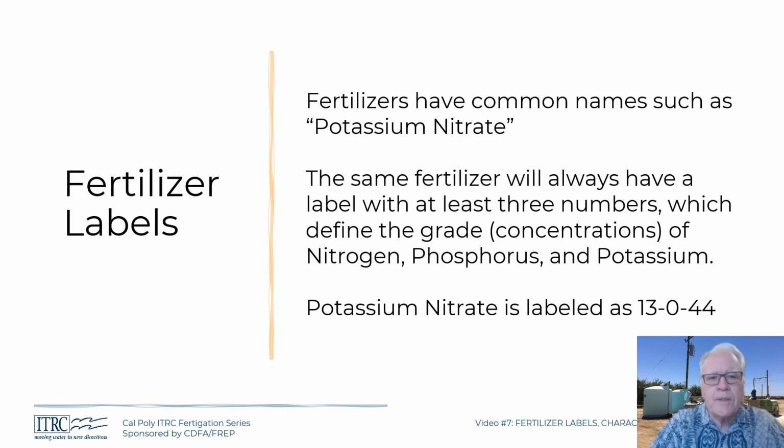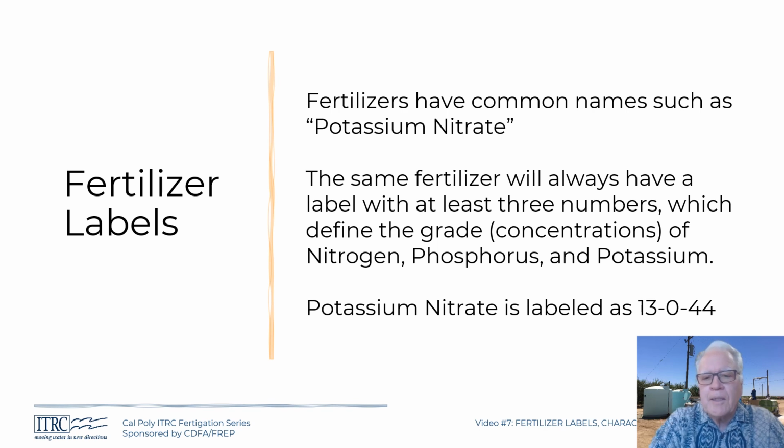Now down to fertilizer labels. First of all, when we talk about fertilizers, at least in the books, we talk about things like potassium nitrate. Farmers often refer to fertilizer in different ways. For example, if you look at the bottom of these words, it says potassium nitrate is labeled as 13-0-44.